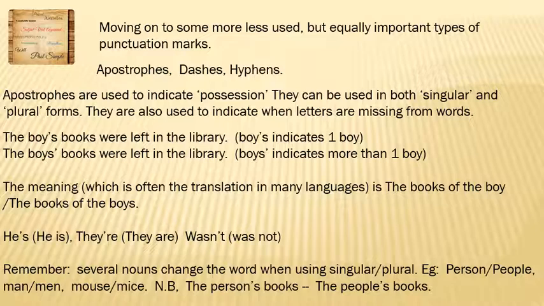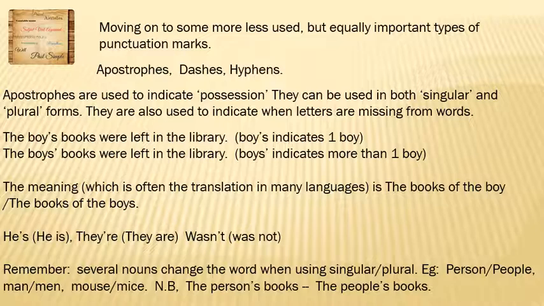Okay, so here we've got a sentence: the boy's books. We have the apostrophe here before the S. That tells me it's one boy. The boy's books were left in the library. The books don't change. They're plural. There's more than one book. It doesn't matter.